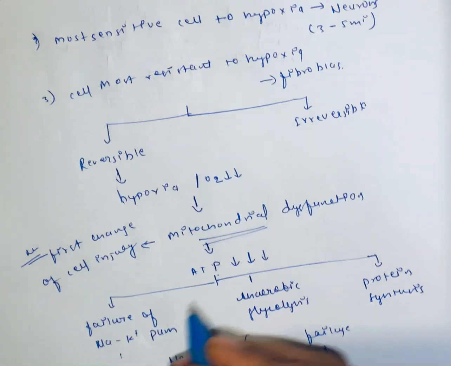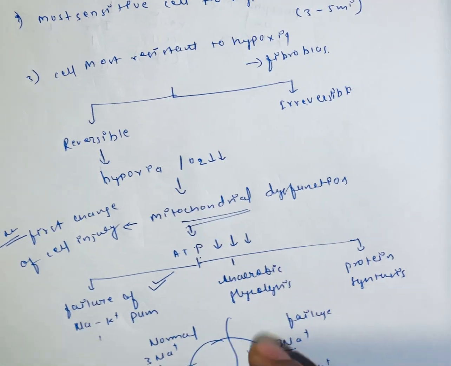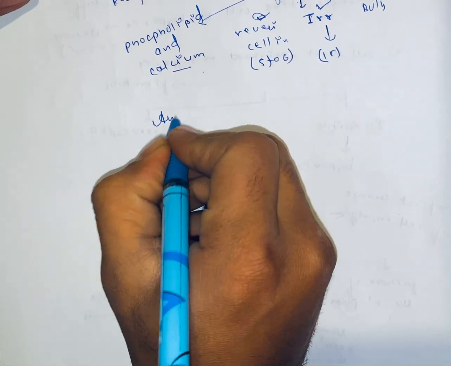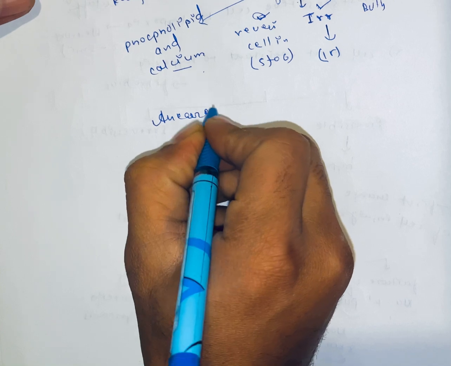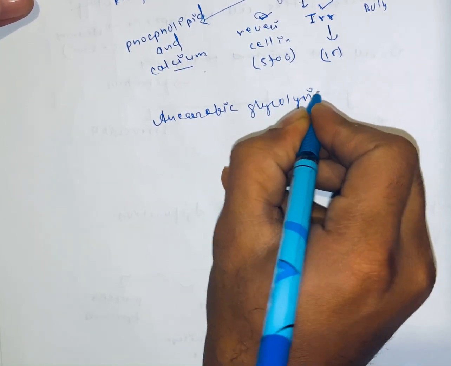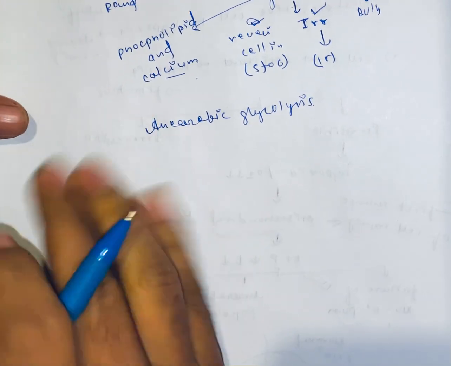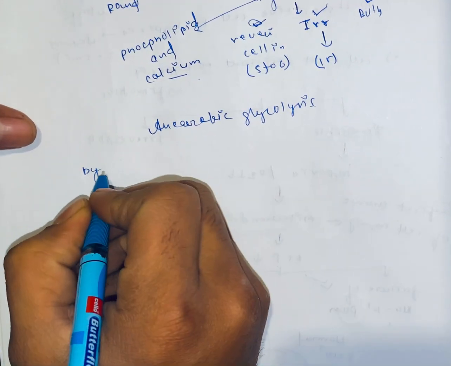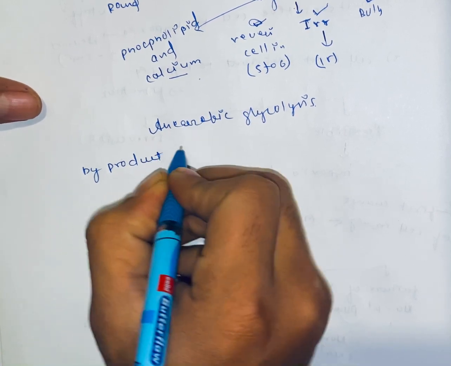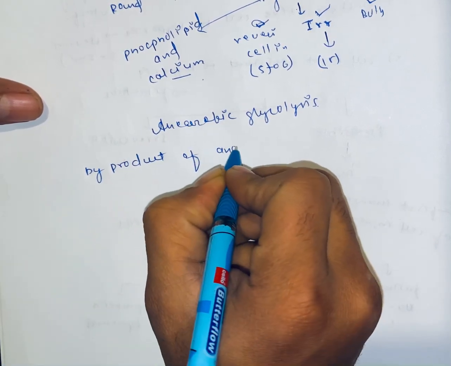So we have seen what happens when there is failure of the sodium potassium pump. Now we will see anaerobic glycolysis. The byproduct of anaerobic glycolysis, as you all know, is lactic acid.